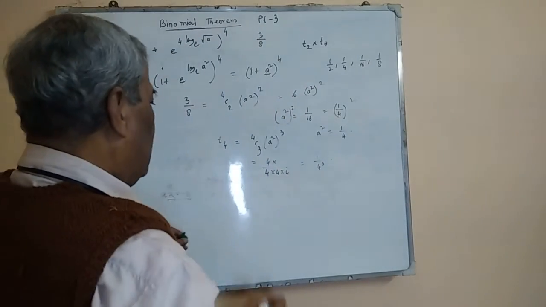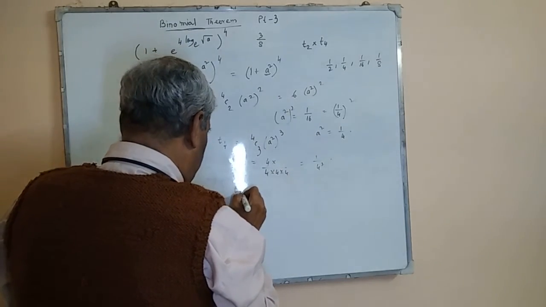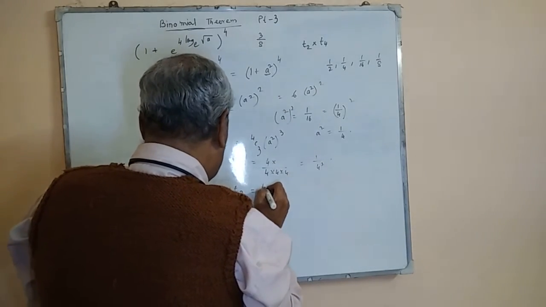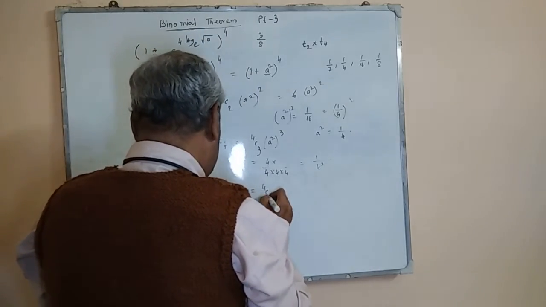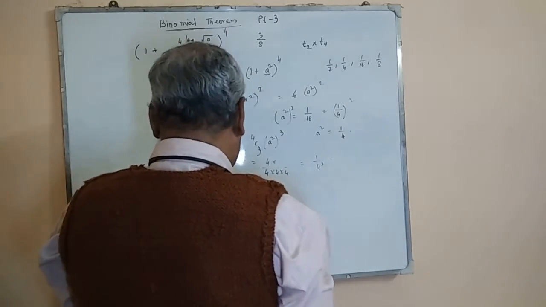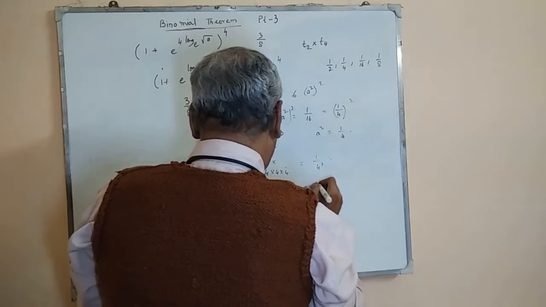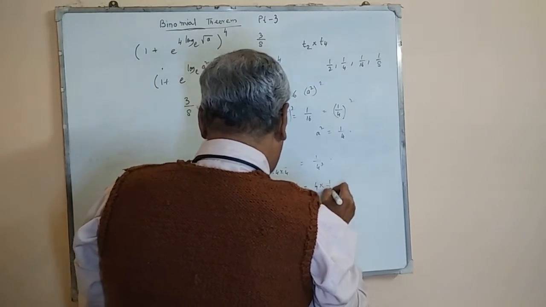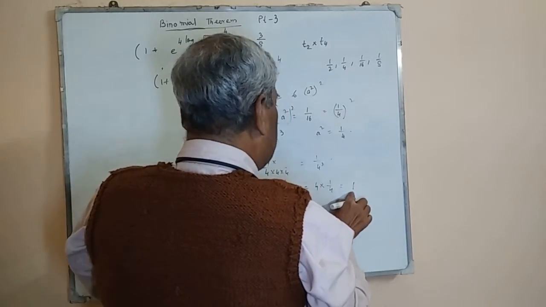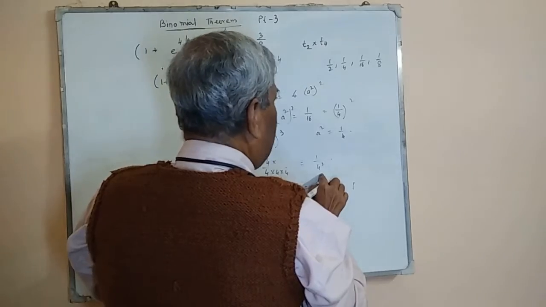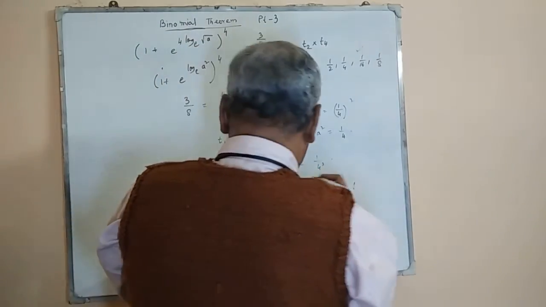This is your T4. And T2 is equal to 4c1 into first term 1 and a square to the power 1. So 4 into 1 by 4 is equal to 1. So second term is 1, fourth term is 1 by 4 square. So answer is 1 into 1 by 4 square. So 1 by 16 is our answer.